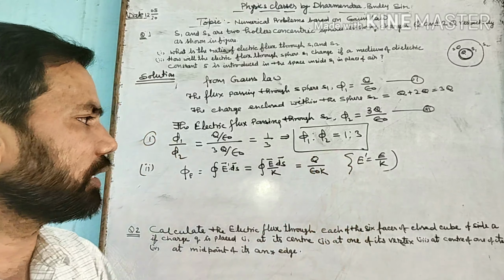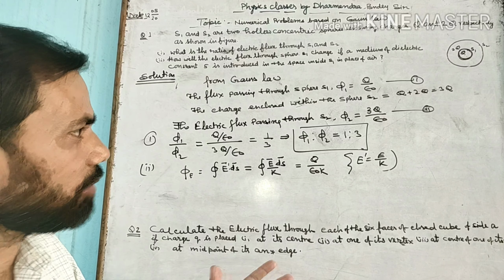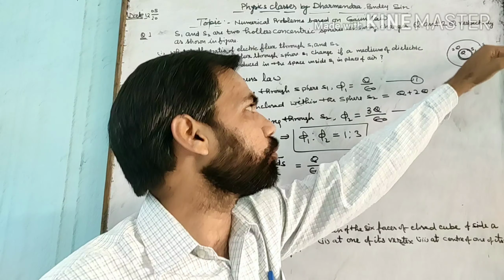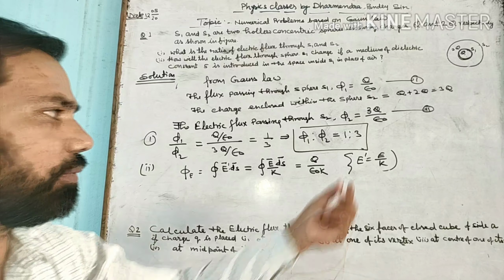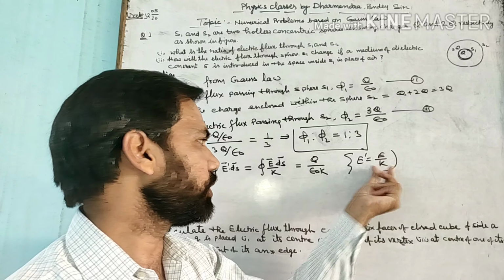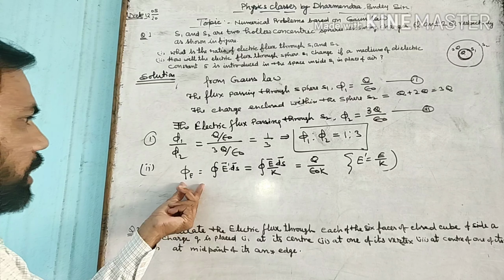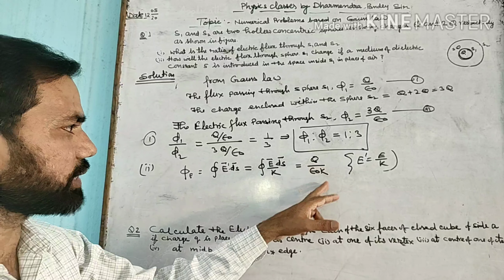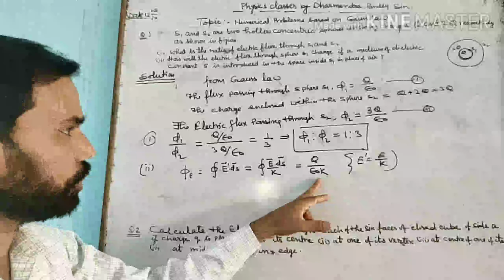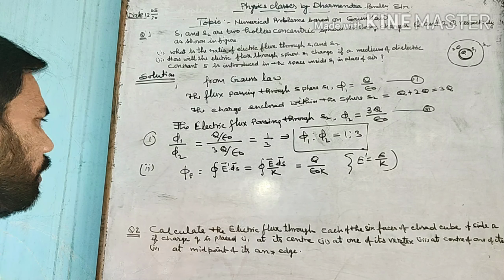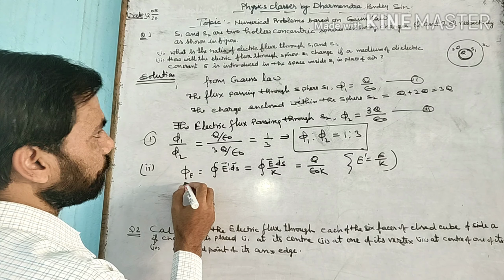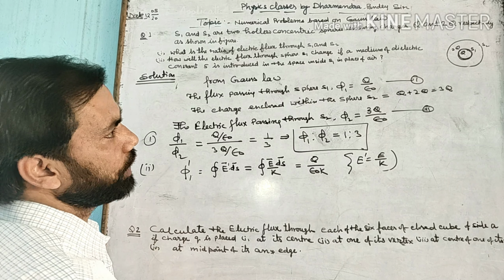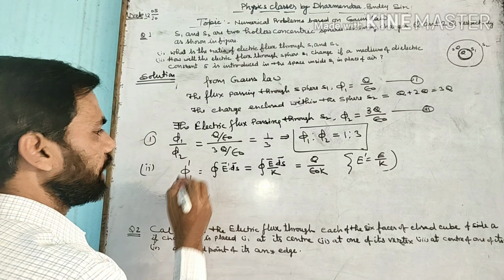So by inserting a dielectric of any value, the electric field due to this charge at any point on the outer surface will change. Directly, in place of Q upon epsilon 0 on the right hand side, we have Q upon epsilon 0 k. This is the flux through the first one, phi 1 dash.